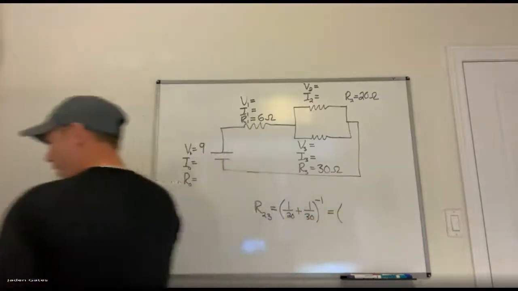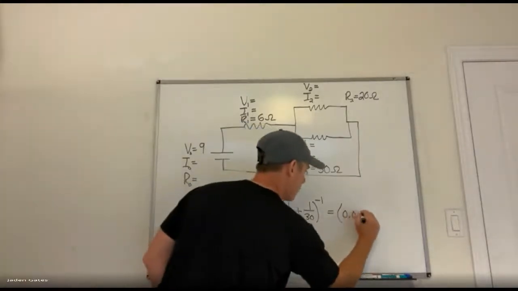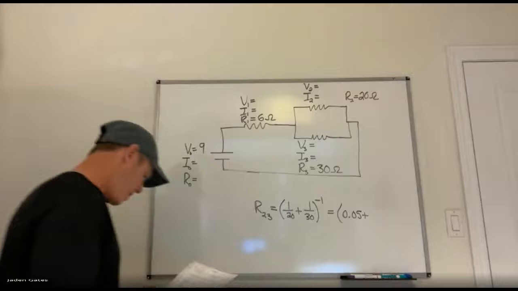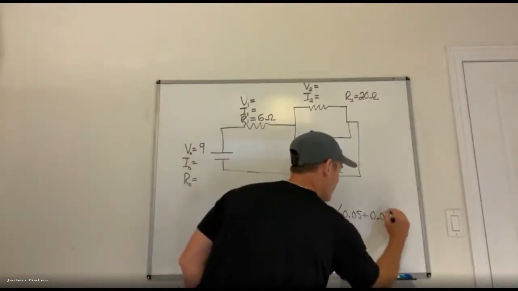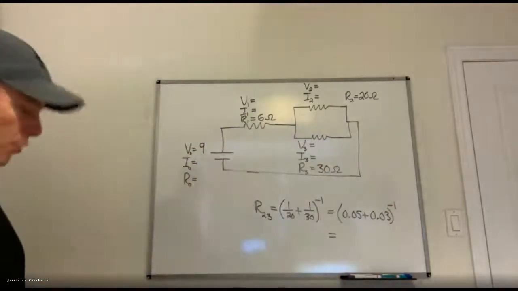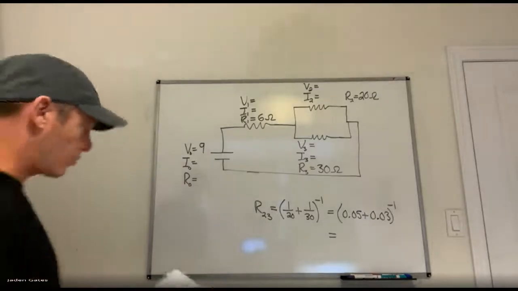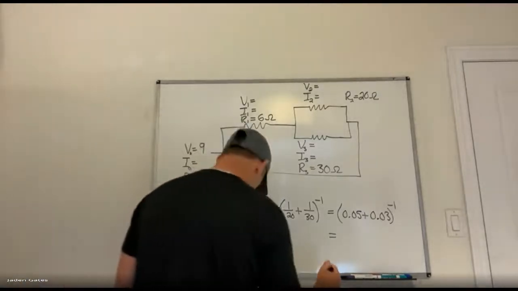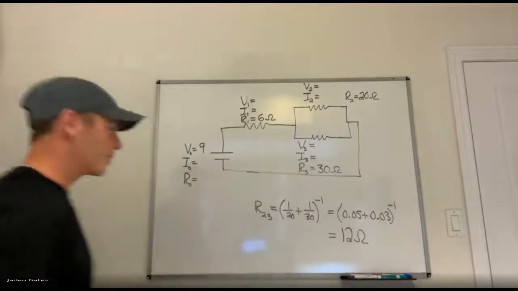Now 1 over 20 is 0.05 plus 1 over 30, which is 0.03, all to the negative 1. I add those 2 together and I get 0.08, and then I do it to the negative 1, and I end up with a resistance of 12 ohms.